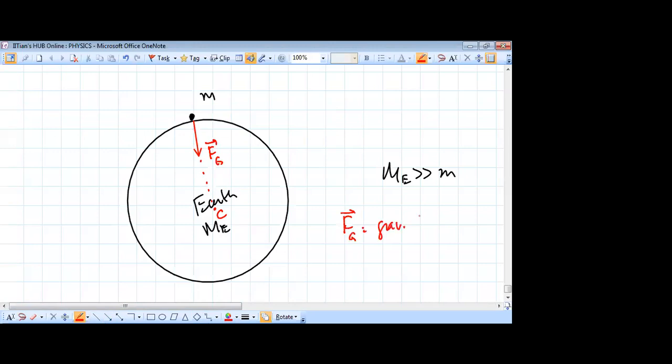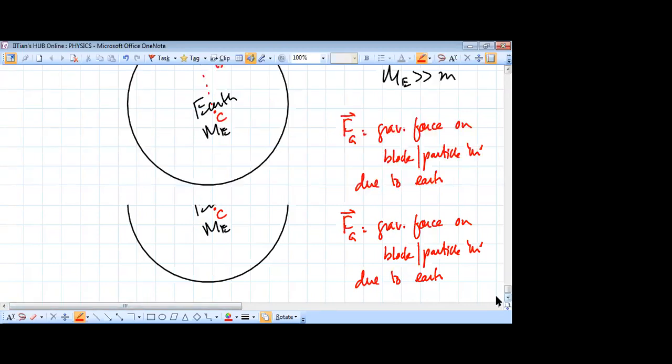This is the gravitational force on the block or particle or whatever due to Earth. Its direction will be towards the Earth's center. So it will be perpendicular to the surface. So it will always be vertically downwards.